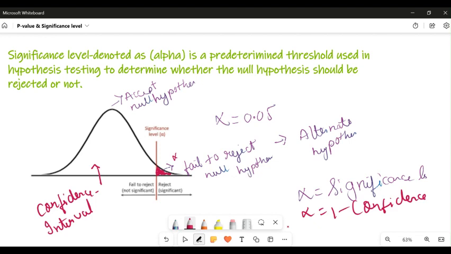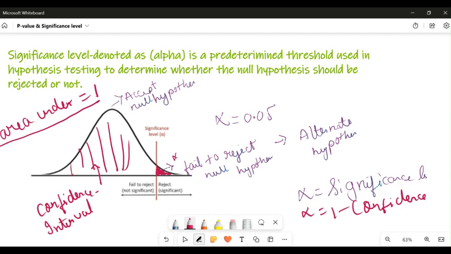The area under the curve is equal to 1. So if the area under the curve is 1 and I subtract the confidence interval, the shaded part, from 1, then I will be getting this remaining part.